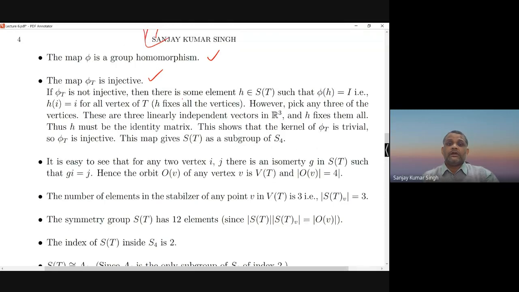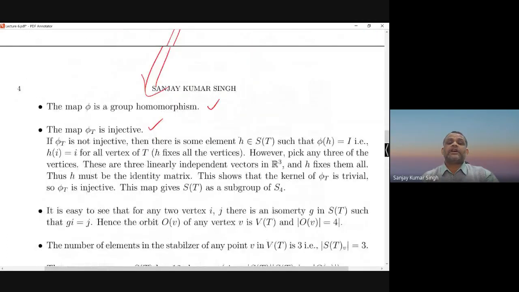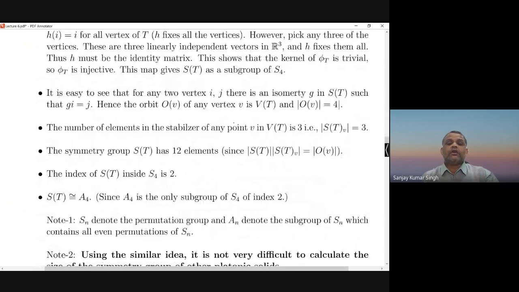So now what you have seen is that because this is an injective map, the symmetry group is a subgroup of S4. Okay. Now I will try to compute the order of this group. Observe something. It is easy to see that if I pick 2 vertices i and j, then there exists an isometry g in S_T such that g(i) equals j.